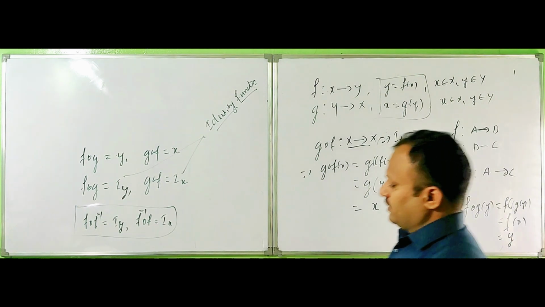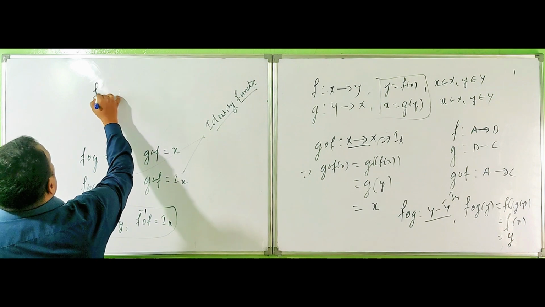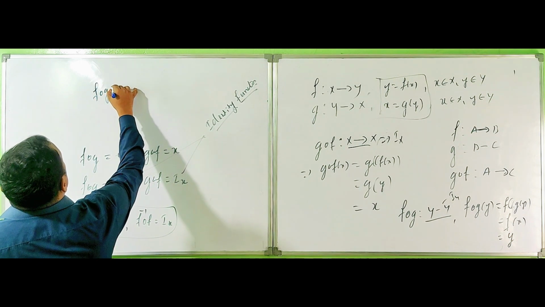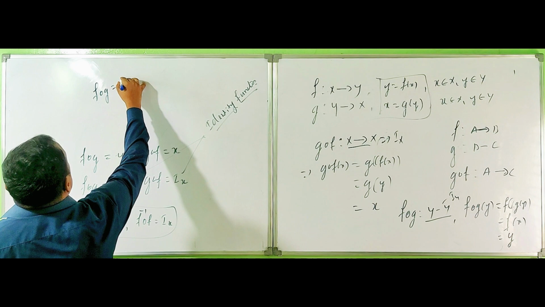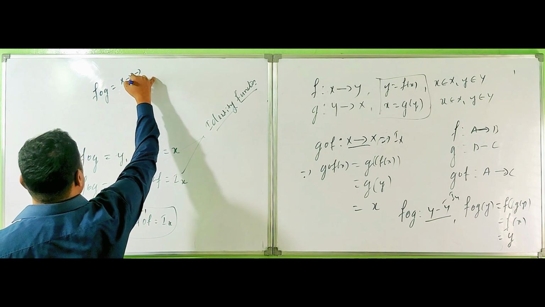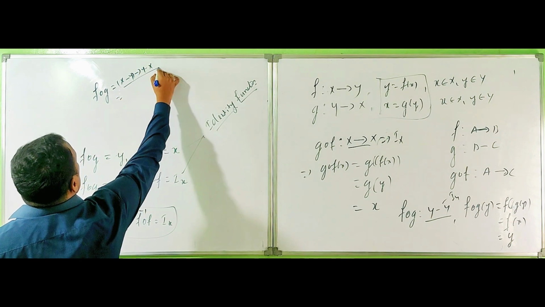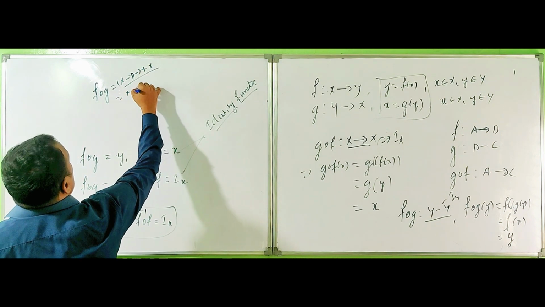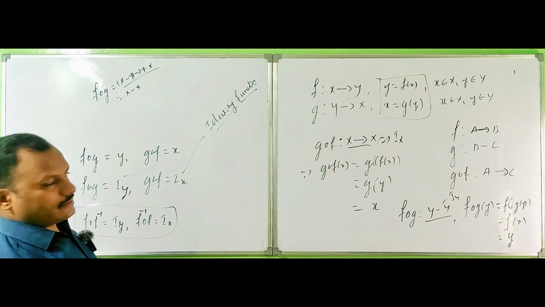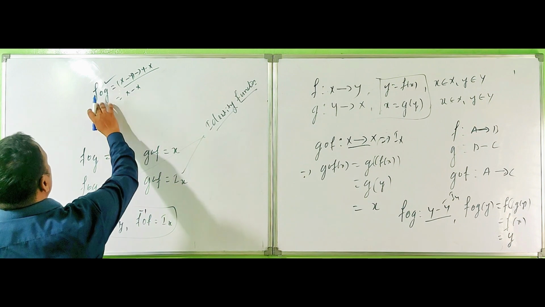Very important. See, here the confusion part is: g of f is a function from x to y, and then y to x. This is the first value, x to x. That's the first.